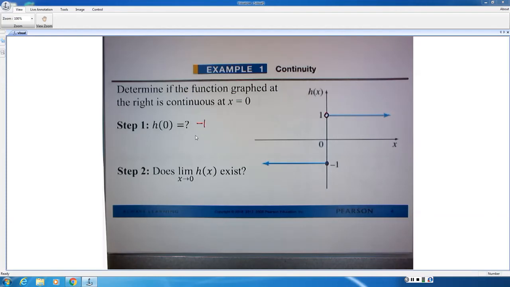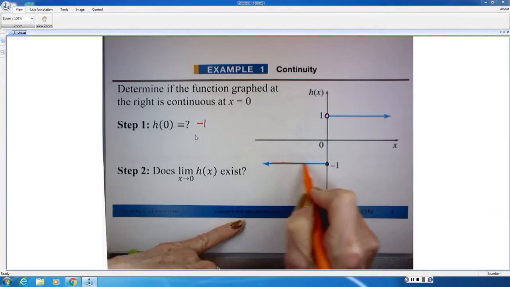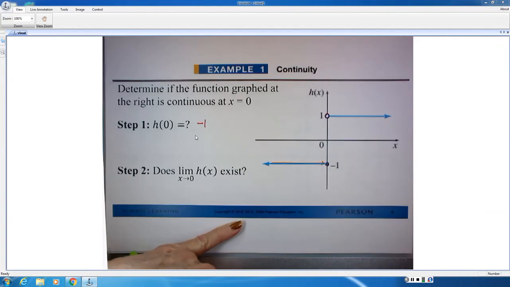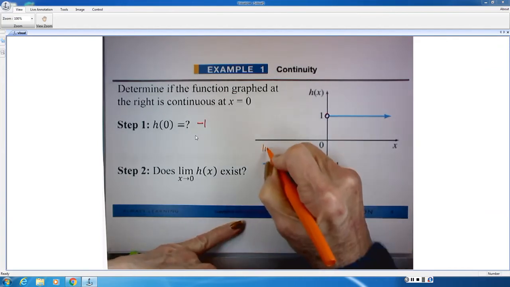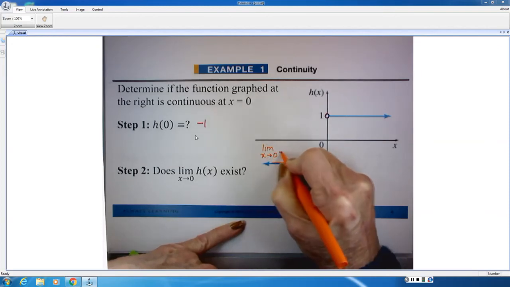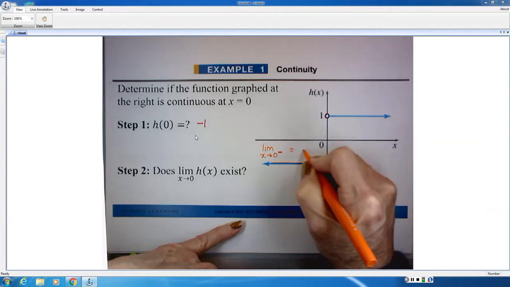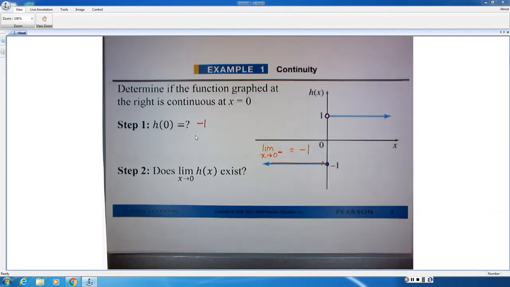Does the limit of h of x exist as x approaches 0? Well, let's approach it from the left and then from the right and see what happens. I'm going to approach it from the left. So there's the limit from the left. The limit as x approaches 0 from the left, which is what that little negative sign is saying, is equal to -1. Okay?